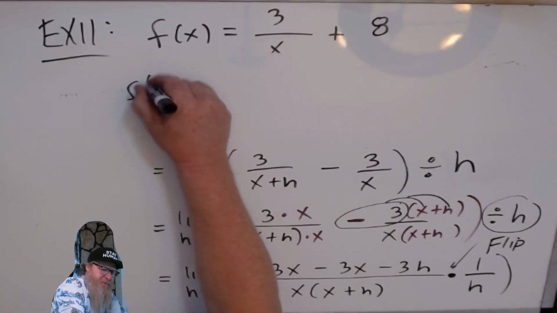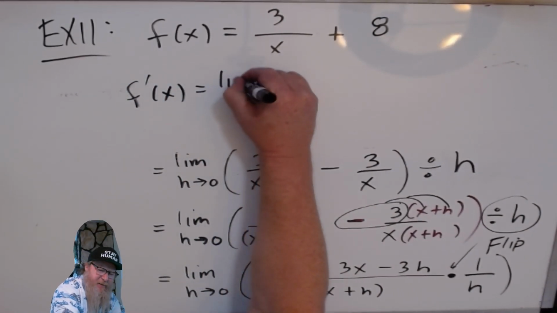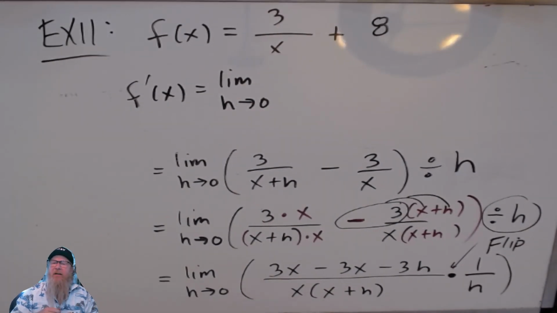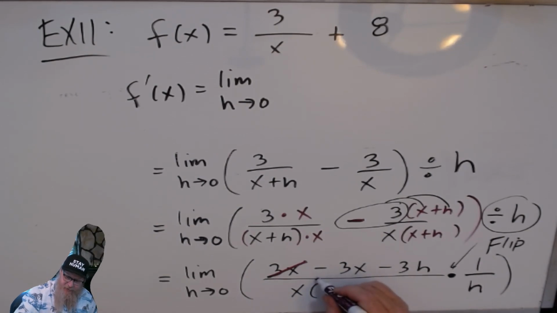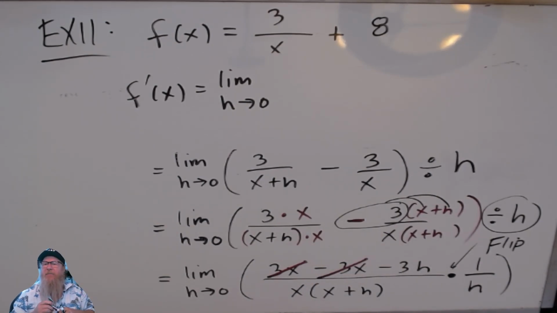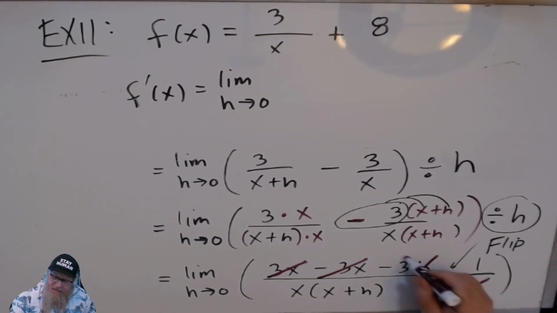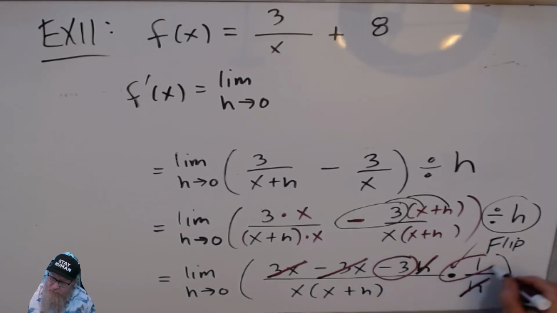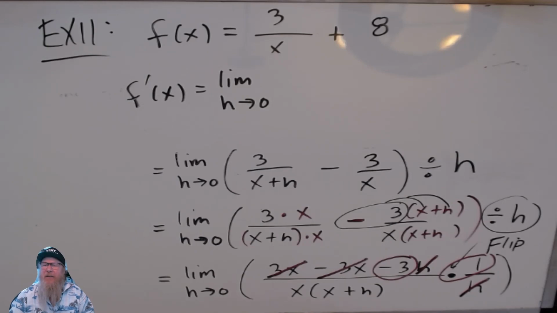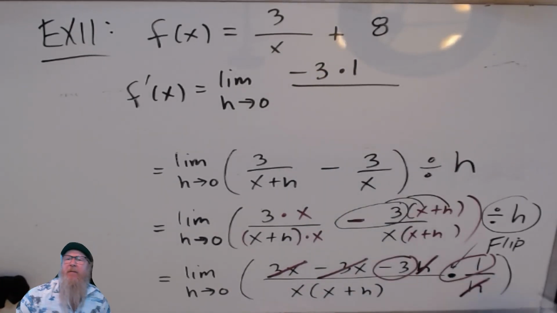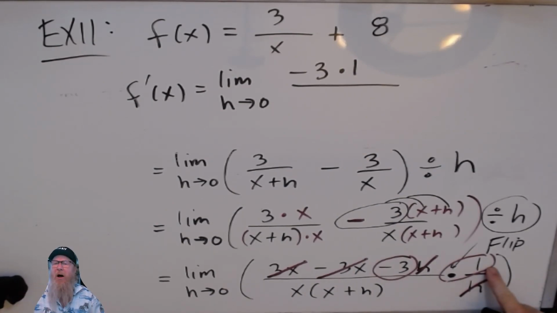So I've got f prime of x is the limit as h goes to 0. Oh, look, 3x minus 3x. Those are going to cancel. H is going to cancel with h. Negative 3 is going to get multiplied by 1. That's negative 3 times 1.